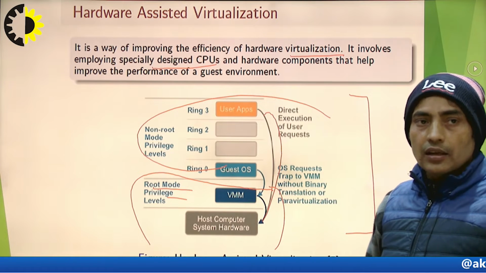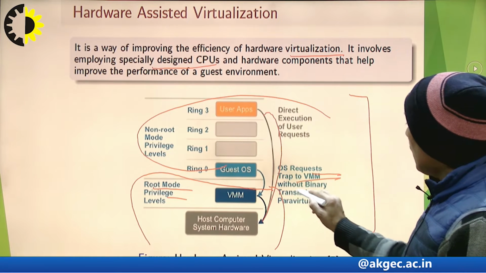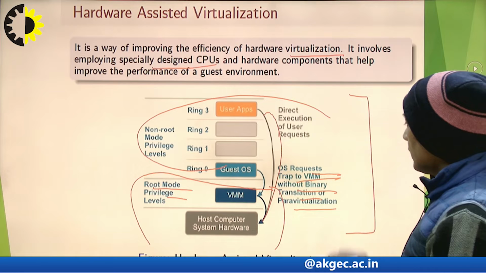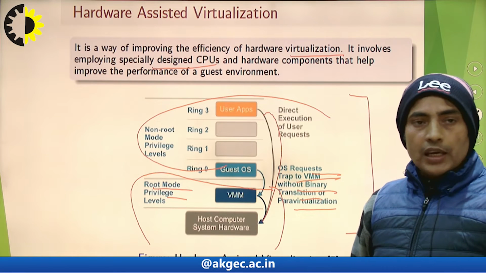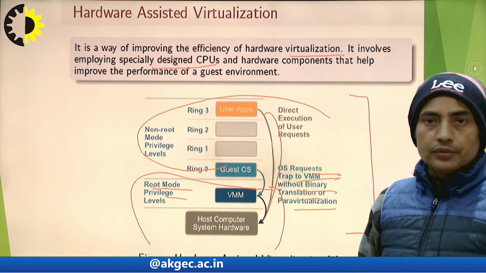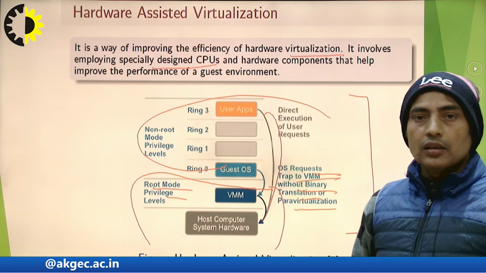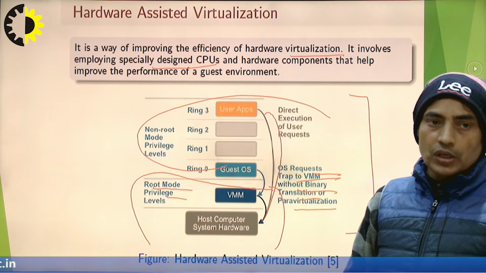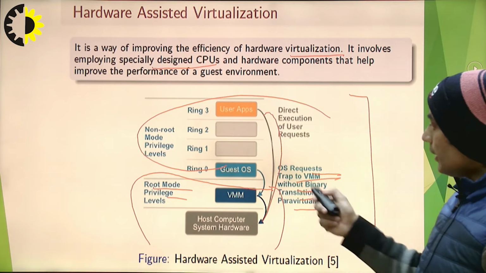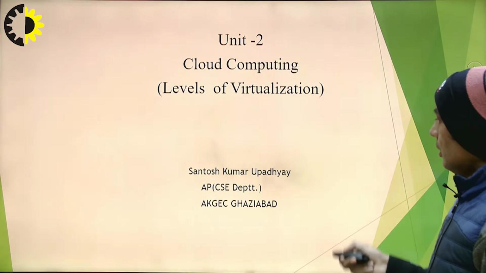The difference is that here the OS requests are trapped to the VMM without binary translation or para virtualization. The VMM automatically traps the critical instructions, and there is no need for binary translation or para virtualization, and it is executed at the hardware level.